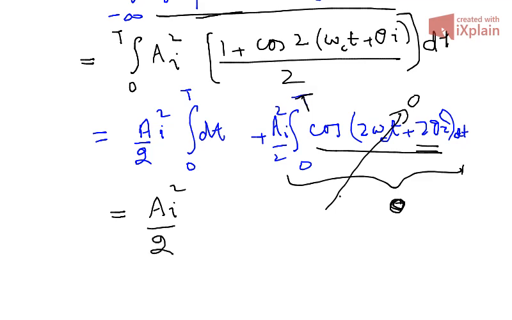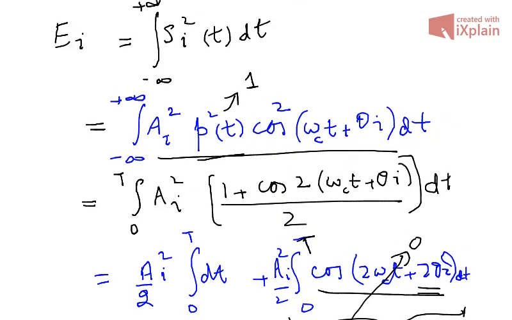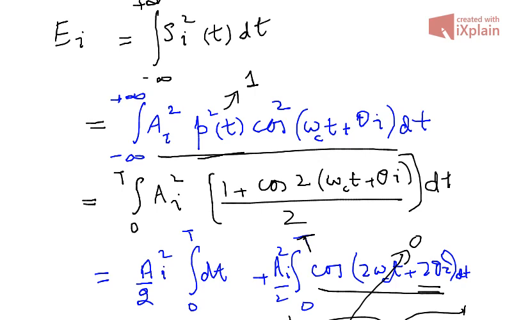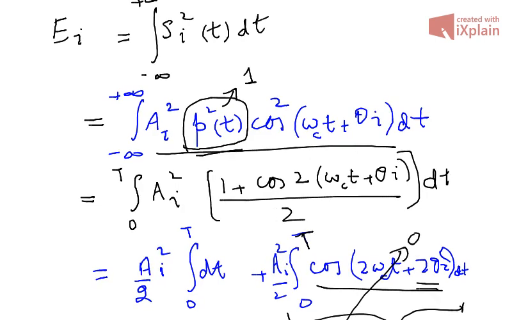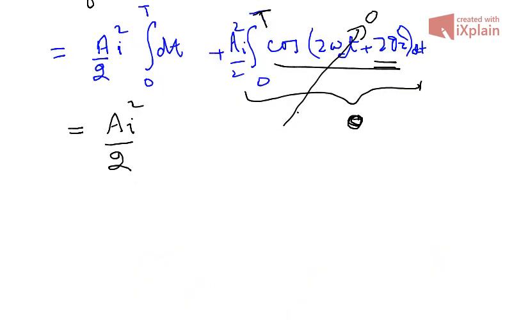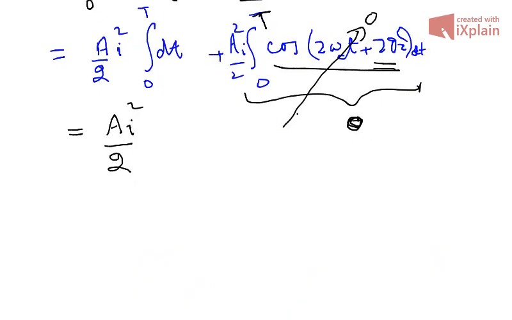Here I assume that the energy of the pulse is unity, right? If you are not sure whether the energy is unity or not, then your integral is not just dt, it is actually p squared of t dt.